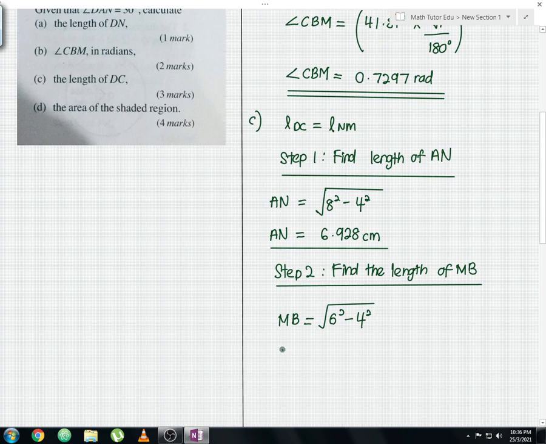Let me press my calculator. 6 square minus 4 square, square root, you should get 4.472 centimeter. So this is your second step.